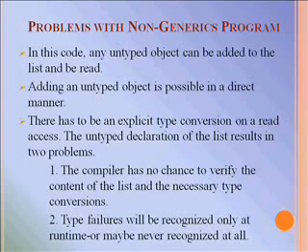In a direct manner, untyped objects can be added to a non-generic program, but not to a generic program. To a non-generic one, you can add, and also there has to be an explicit type conversion.